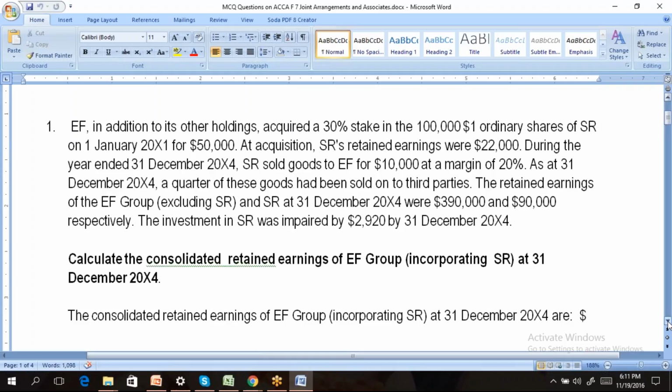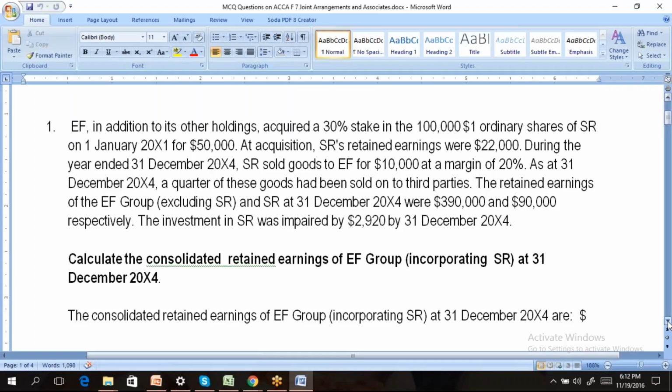As at 31st December 2004, a quarter of these goods had been sold onto third parties. Retained earnings were 390 and 90. The investment was impaired by 2,920 by 31st December. Calculate the consolidated retained earnings of EF Group incorporating SR at December 31st, 2004.